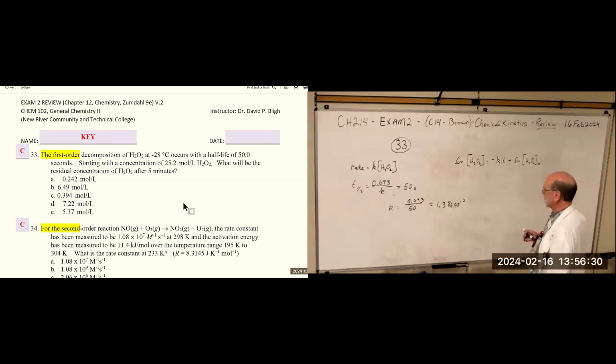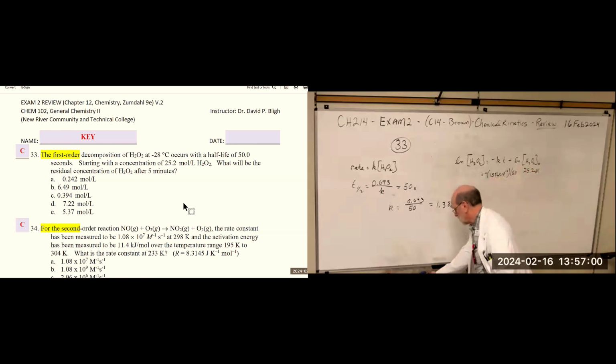Okay, so do we have the information we need? Let's see. Starting concentration of 25.2 molar. So the starting concentration here is 25.2 molar. The k we just determined is minus 1.386 times 10 to the minus 2, and the time is 50 seconds.